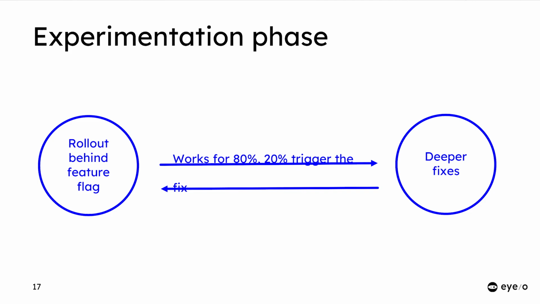We rolled it out behind the feature flag because it was a very, very critical feature, so we didn't want to roll it out to 100% of the users. And it worked for 80% of our users. For 20% of our users, we saw that there was constant triggering of the fix because of the service worker restarts.